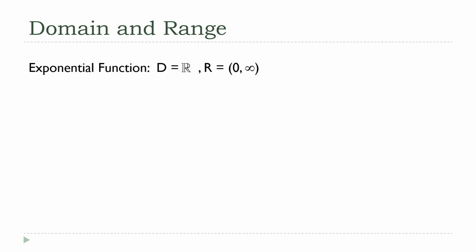The difference between a function and its inverse is that the x and the y switch roles. The domain is all the possible x values. The range is all the possible y values. If we switch those, we get that the range of the logarithm is all real numbers, and the domain is the non-negative real numbers. And that matches with what we saw a couple slides back.